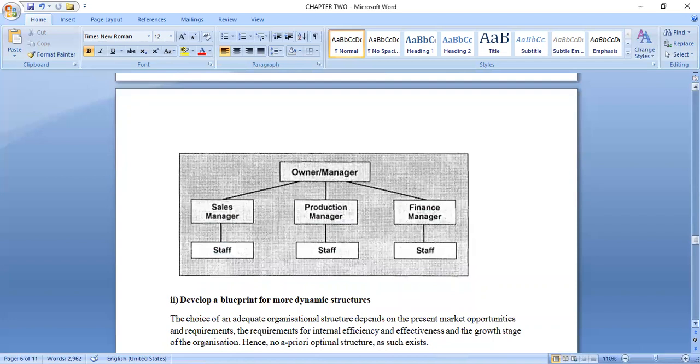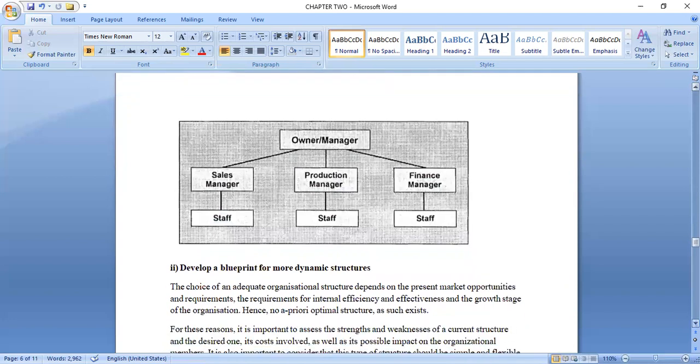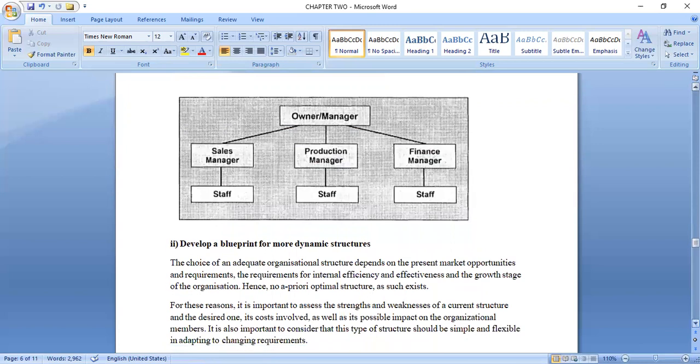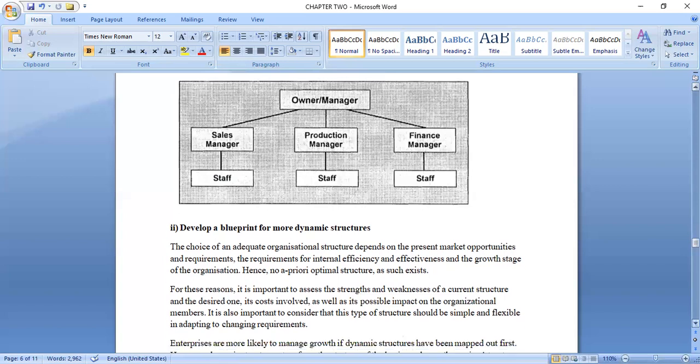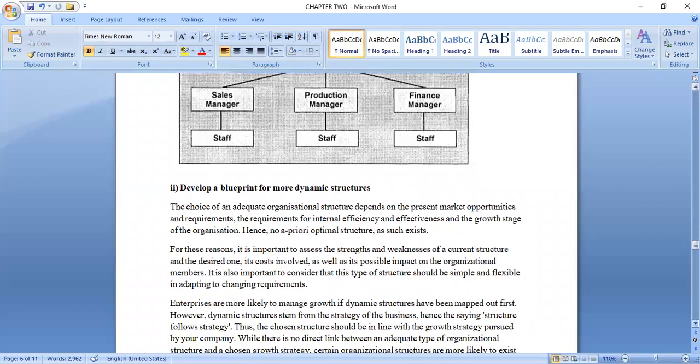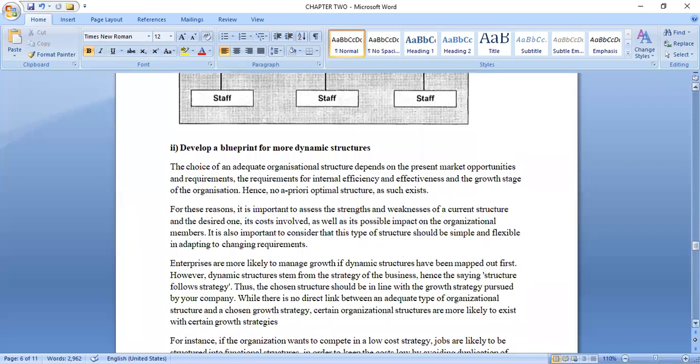And under each department, we shall have the staff. The sales department is controlled by the sales manager, the production department by the production manager, and similarly for the finance department. And under each department, we will of course have employees.